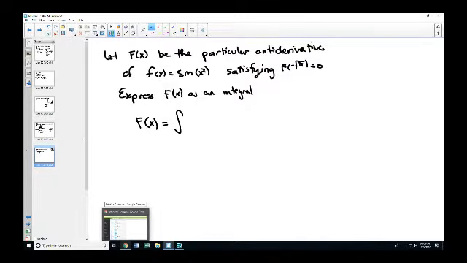How do you define the problem? What does this say? Big F is the antiderivative of f of x, which is sine x squared, right? So you're basically going from English to math, interpreting. So big F is the antiderivative of the function.